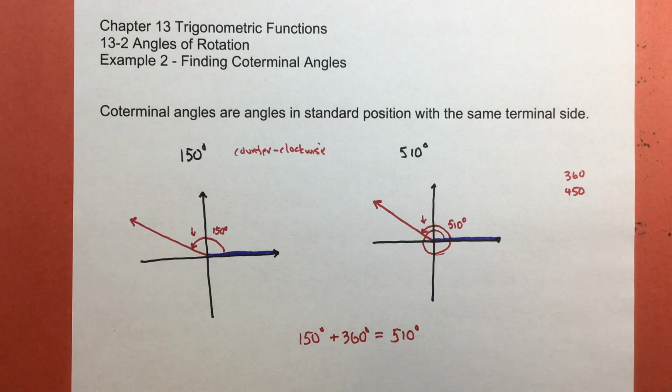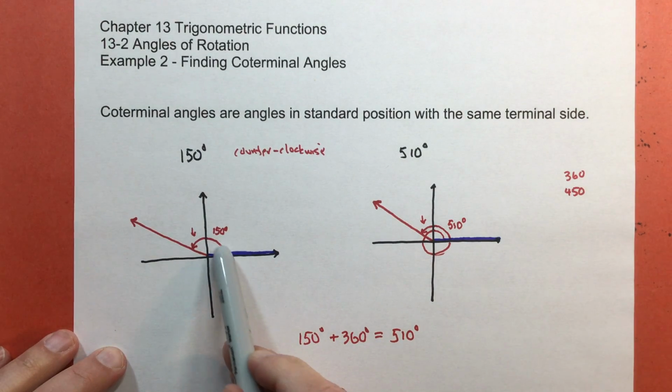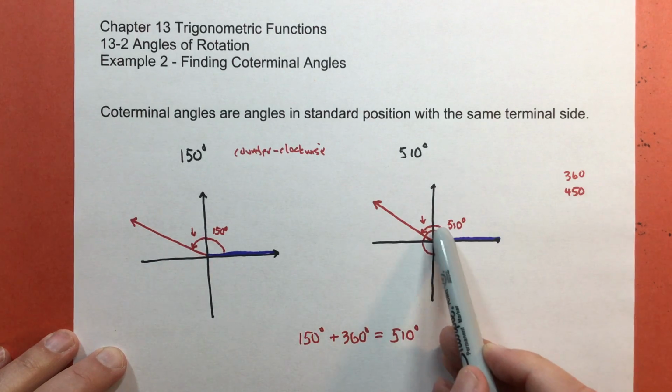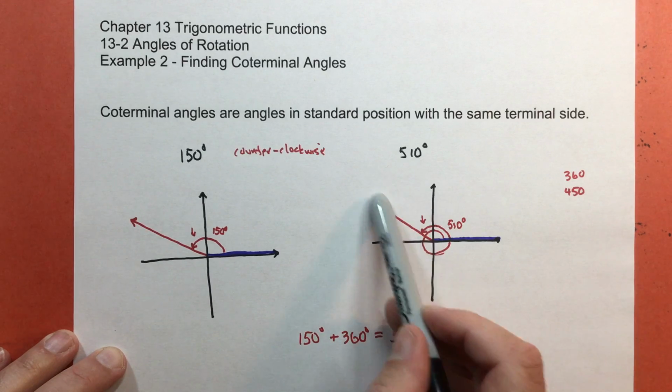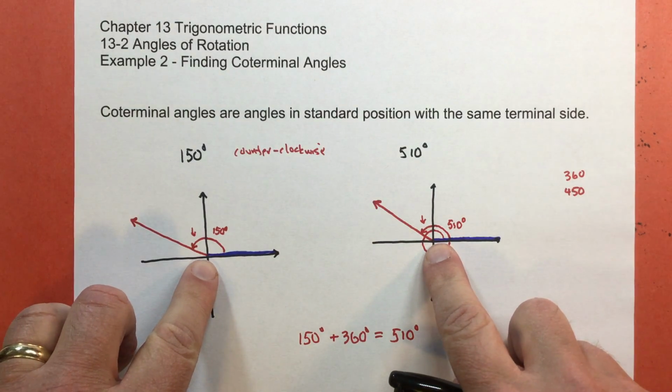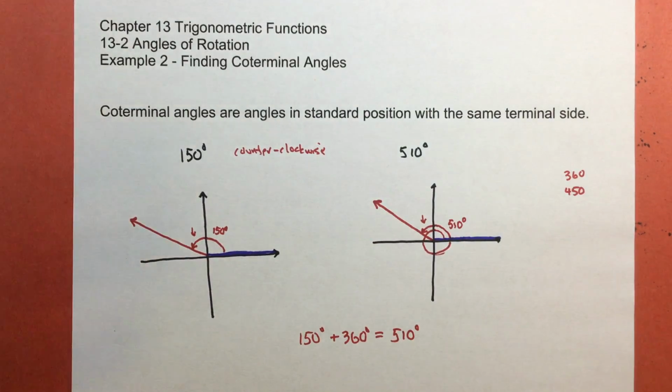Again, if you watched the previous video, what's really important is how you turn. In this case, you're just going to turn and stop. In this case, you're going to turn a complete circle and then turn and stop. If I got two different people standing here, they're both going to be looking at the same thing. They're both going to have the same terminal side.